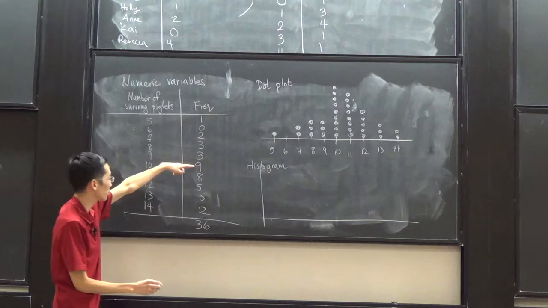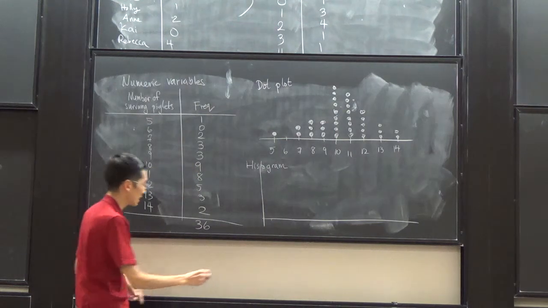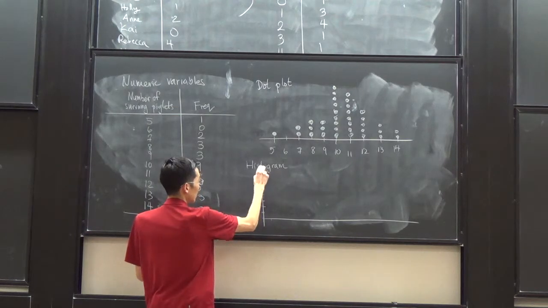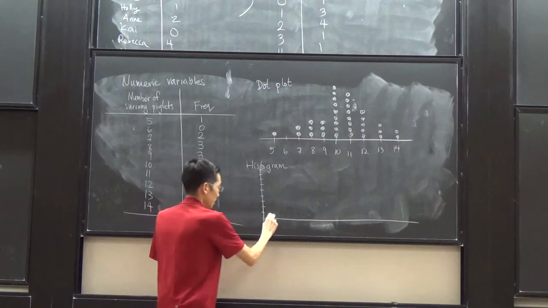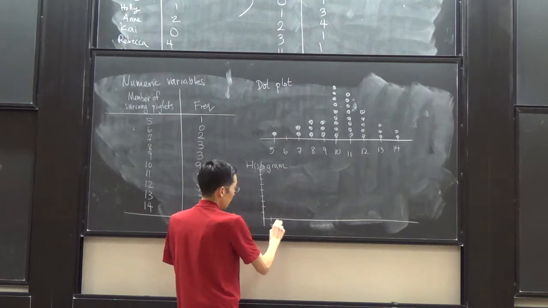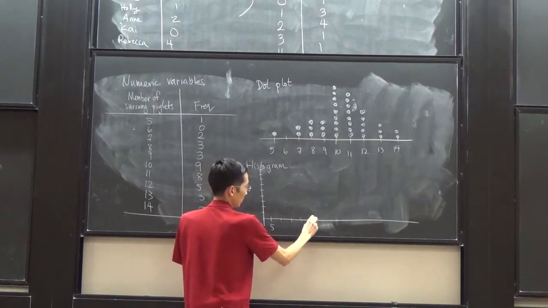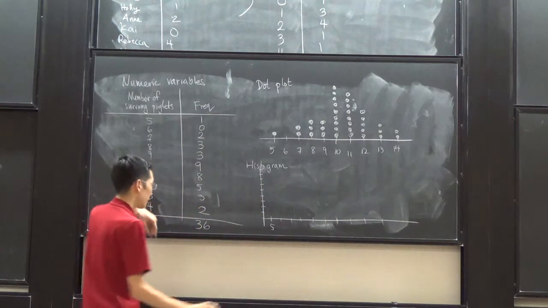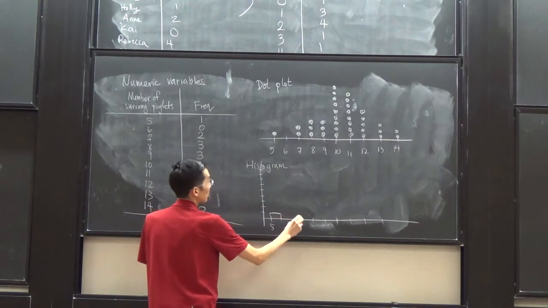So my tallest bar would have a height of 9. So 1, 2, 3, 4, 5, 6, 7, 8, 9. And then across the horizontal axis, start at 5 and I go 6, 7, 8, 9, 10, 11, 12, 13, 14. And I would draw bars to represent.